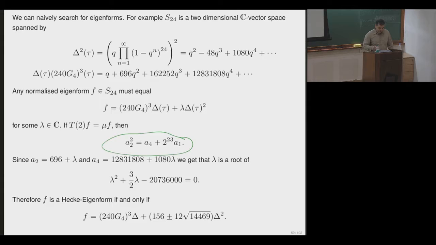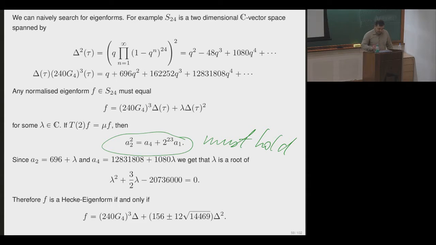that this equation must hold. But this is a quadratic equation. You can solve the quadratic equation, and then you see that this must be a Hecke eigenform. And the motivation for this, if we look at this, then the roots of these polynomials are real numbers. And the general theorem will be that whenever you have a Hecke eigenform, it will have algebraic coefficients which are in a real number field.